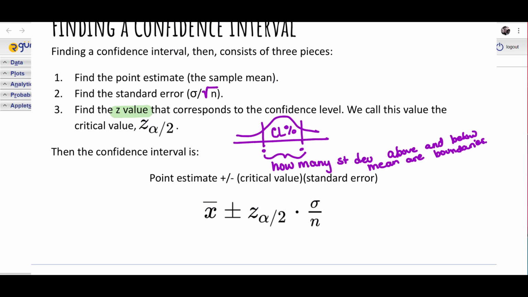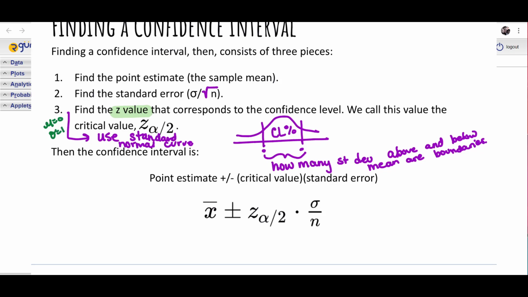So for this particular thing, we are going to use the standard normal curve. And remember, for the standard normal curve, the mean equals 0 and the standard deviation equals 1.